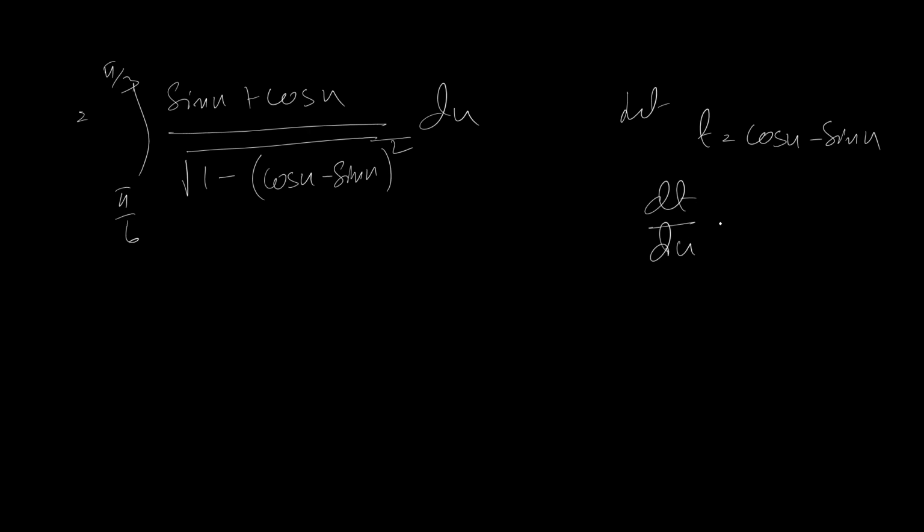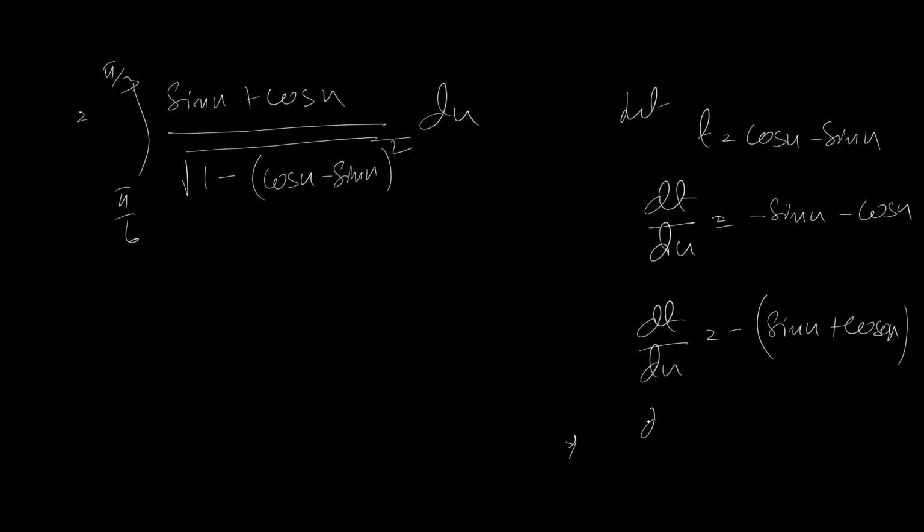So dt by dx is equal to differentiation of cos x, this is minus sin x, and this is minus cos x. So dt by dx, if I take minus common, I will get sin x plus cos x. So this is dt by minus 1 is equal to sin x plus cos x dx. You see, I got the numerator. Yes, I took this as t and I got the numerator.